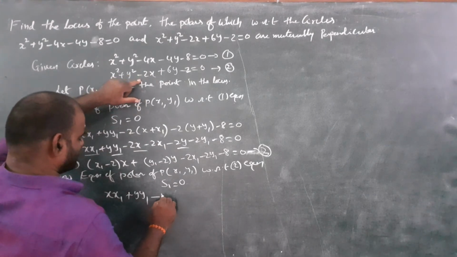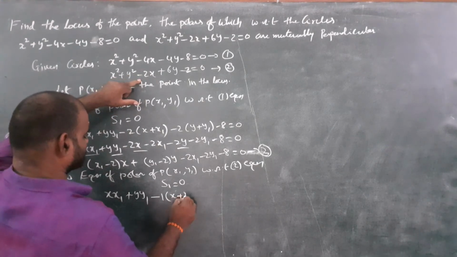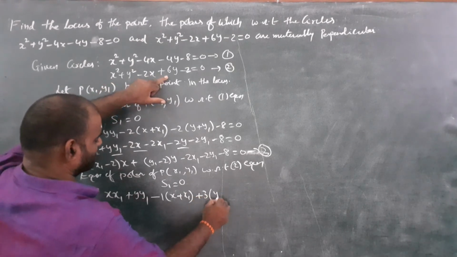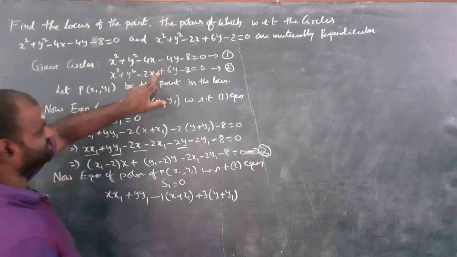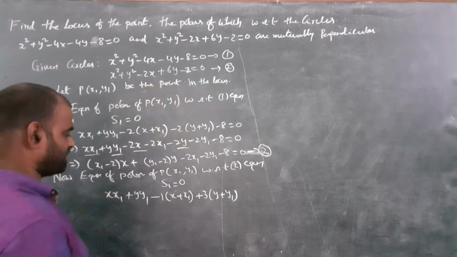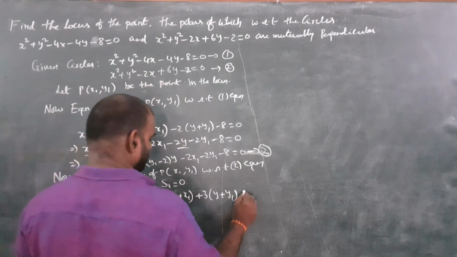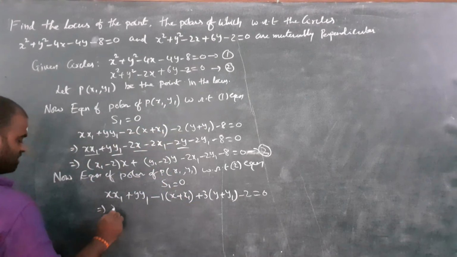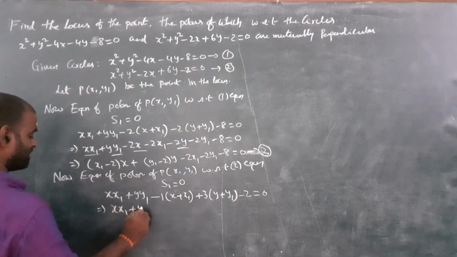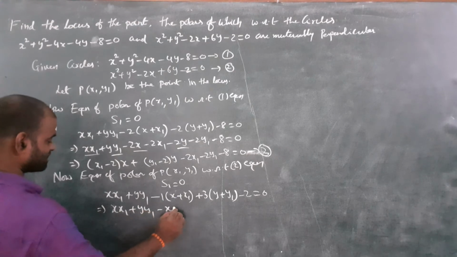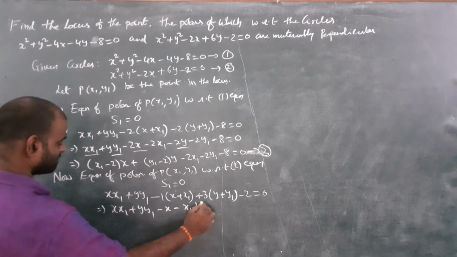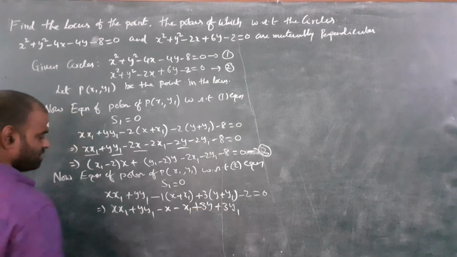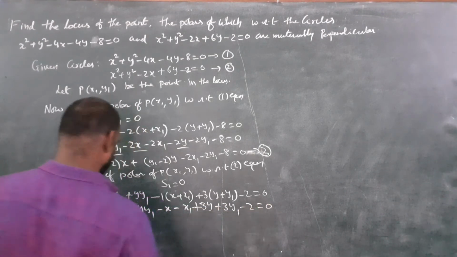So minus 1 into x plus x1, plus 3 into y plus y1, here it is plus f. So plus 3 into y plus y1 minus 2 equal to 0. So from this it is x1 plus y1 minus x1 plus 3y plus 3y1 minus 2 is equal to 0.